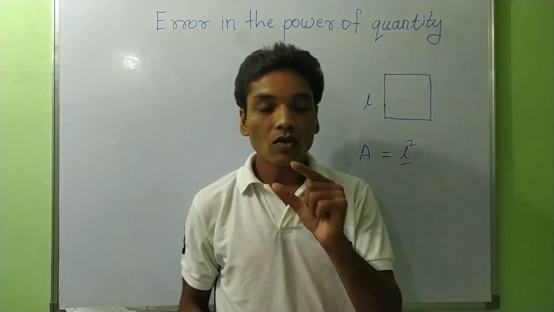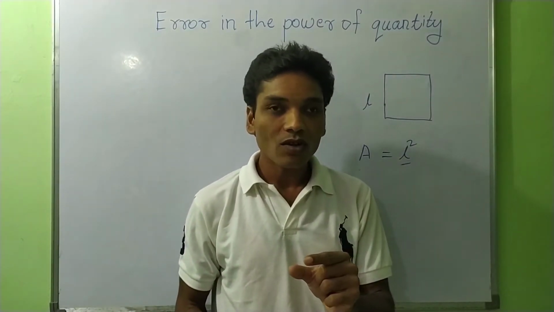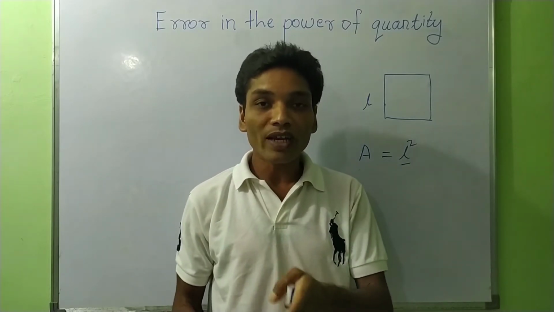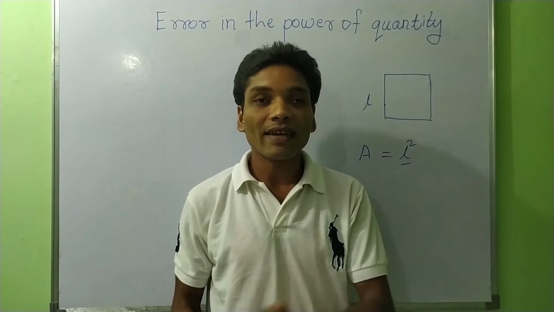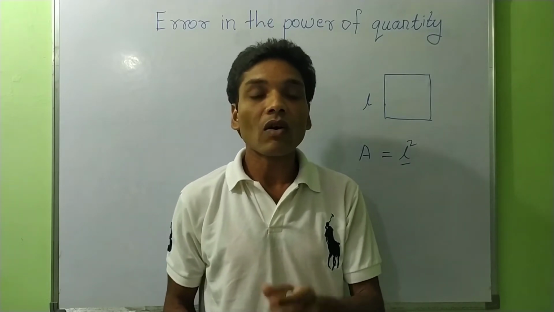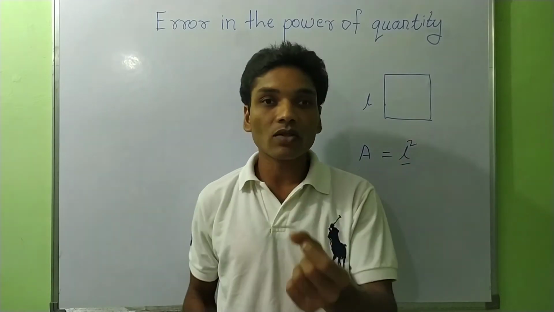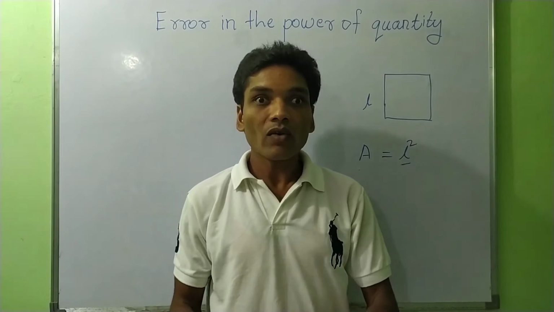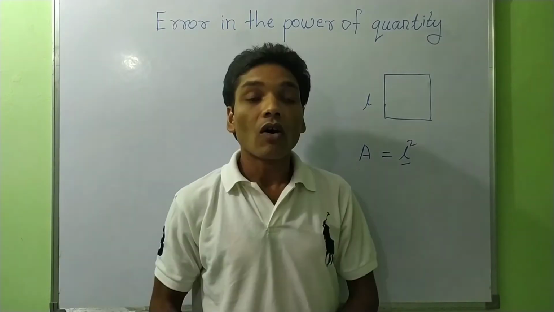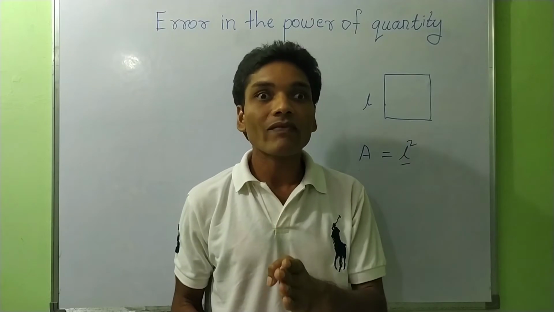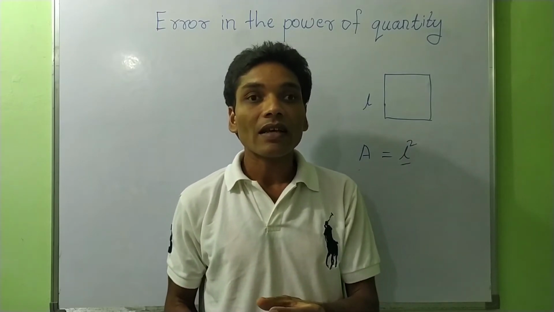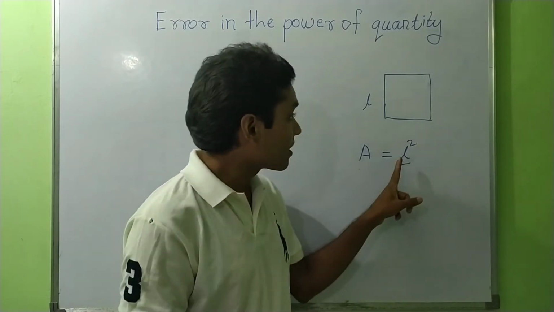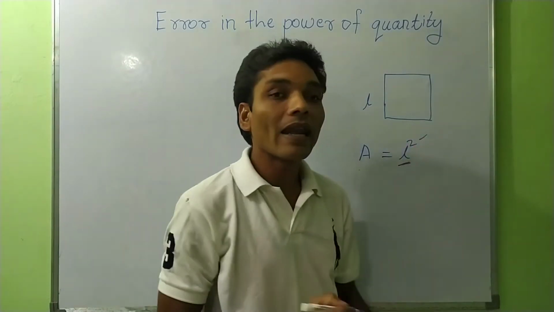Here the power is 2. In measuring physical quantities, we can make a mistake or be careless. So in measuring the length of the sides of a square, an error occurs, and then in finding the area of the square, the error will be increased because there is a power of length.